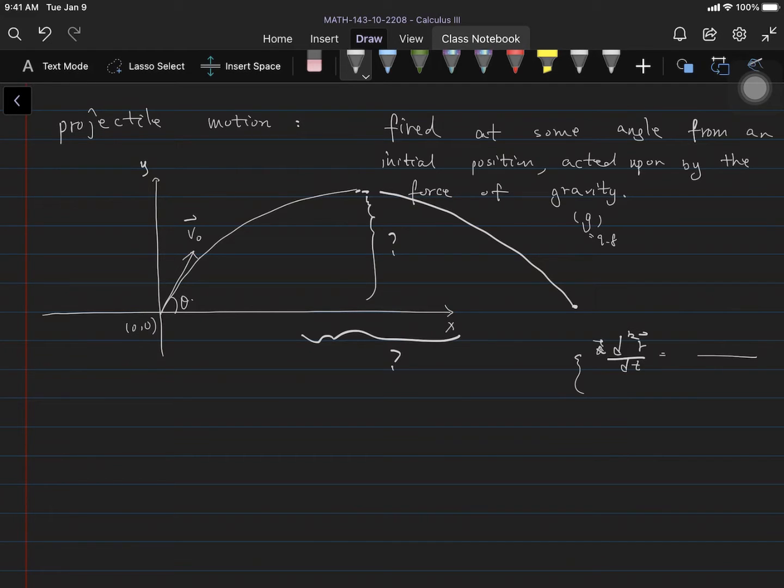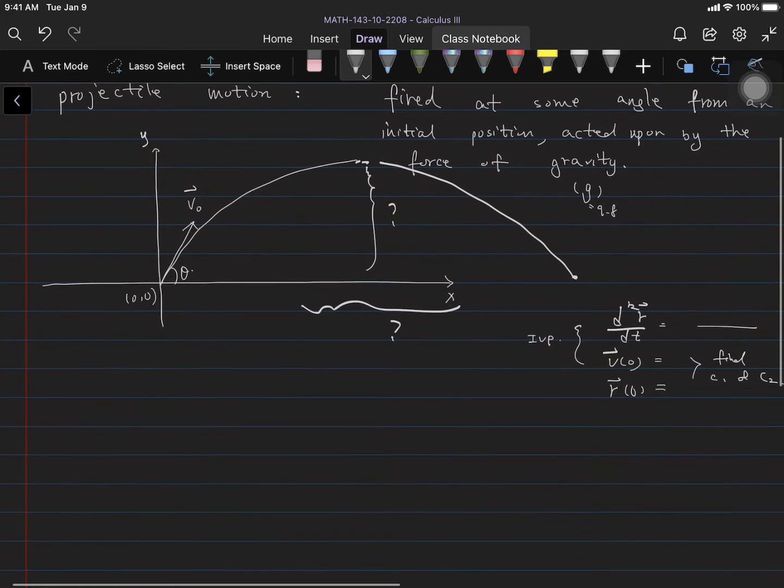And here we have the initial velocity and the initial position, and by using those conditions we can find C1 and C2, and we solve the problem, and we call this an initial value problem. Same thing here, we need to set up an initial value problem for our projectile motion. Now let's take a look.